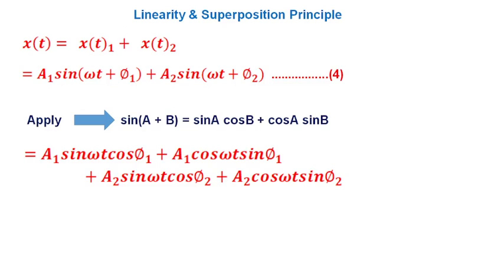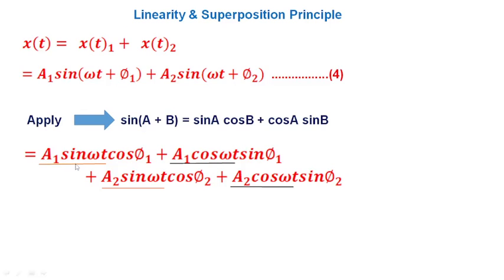Apply the sine of A plus B identity. We will get sine of A plus B is sine A cos B plus cos A sine B. According to that, A1 sine of omega t cos phi 1 plus A1 cos of omega t sine phi 1 and A2 sine of omega t cos phi 2 plus A2 cos omega t into sine phi 2.